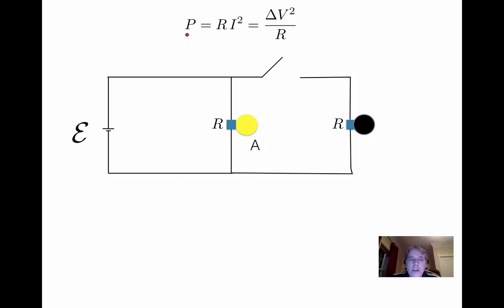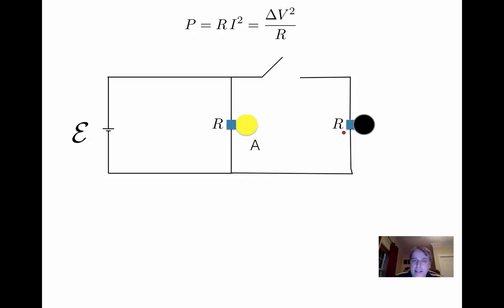Recall that for power in a resistor, we have two forms of the equation. We can use either R i squared or delta V squared over R. For these problems here, you can assume that the resistance of all the light bulbs is the same, although most of our conclusions don't really depend on the exact values. But it helps, just imagine that the resistances are the same.